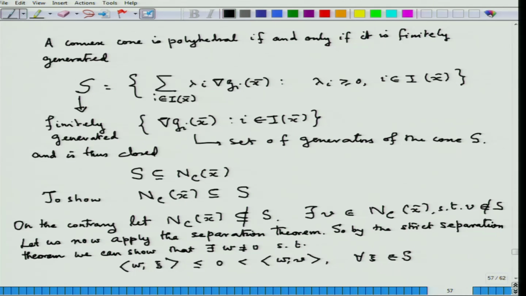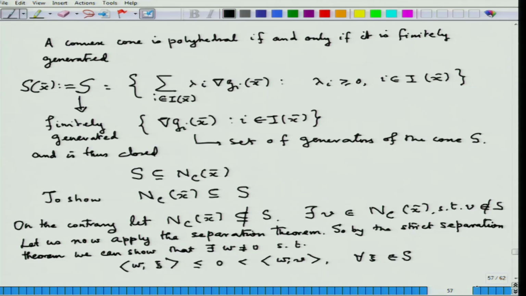Of course, this S depends on x bar, which I am not mentioning because we have just taken a fixed x bar and we are working. So, S of course depends on x bar, and it is perhaps more precise to write S of x bar. So, this is what you have from the separation theorem.